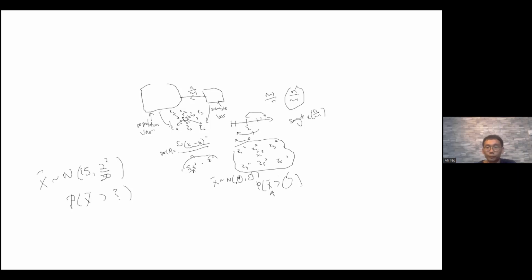Example, okay. If you don't know this one, but this one you can use your calculator, inverse norm, straight away. Other than these three data, this data is some data.